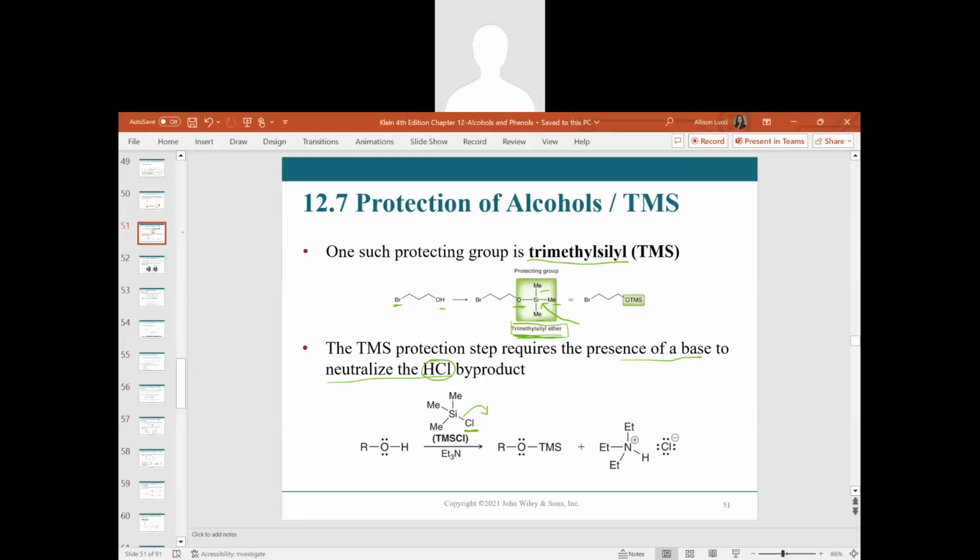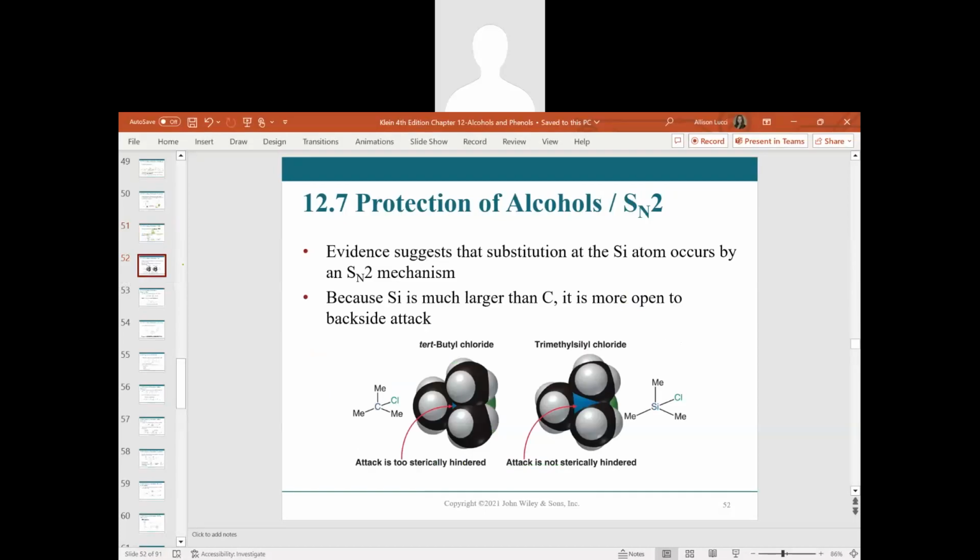And then we have this protected alcohol functional group, and we would produce HCl. So we use this strong base, triethylamine, to grab that proton and not form HCl. That's why triethylamine is commonly used: the base is there to grab that proton.